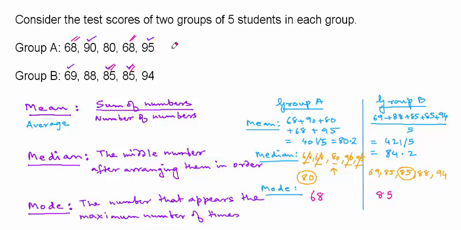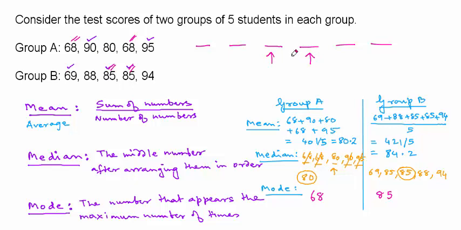So if you have 6 numbers, or any even number of numbers in a set, 1, 2, 3, 4, 5, 6, and let's say you have arranged them from smallest to largest, which is the middle number? Is it this or is it this? Or is there no median at all?